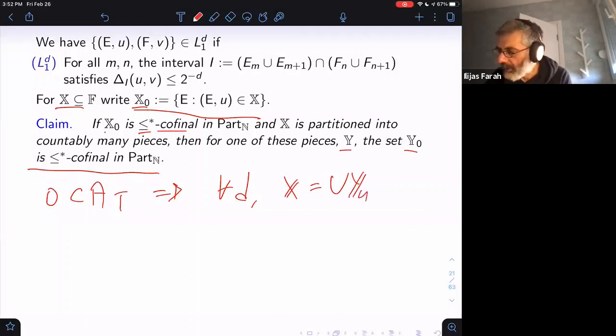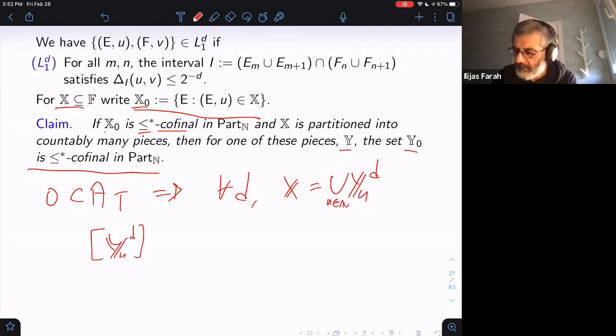Let's call them Y_{n,d}, n in N, so that each one of those pieces, Y_{n,d} squared, is L_d^1 homogeneous. Now what the claim tells us is that there is always one of these pieces that is cofinal, at least one of them is cofinal.